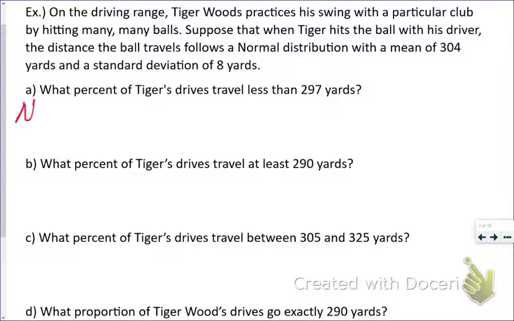This is a normal distribution with a mean of 304 yards and a standard deviation of 8 yards. So those are points right there on your test. By the way, if this was multiple choice, you could skip that and just go all calculator if you wanted to, if you know how to do that with no work.